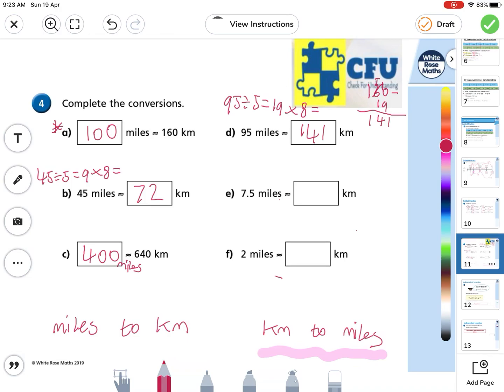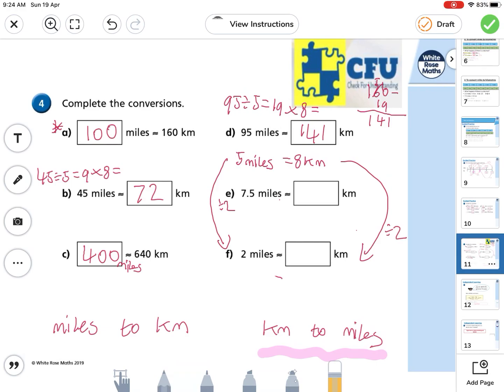Okay, 7.5 miles is how many kilometres? But actually, I'm going to go back to the first one we learned today. 5 miles is 8 kilometres. And actually, I'm going to skip to F, because I know that this is a bit like dividing by 2. So for half the miles, oh no, it's not, because it's 2 miles, not 2.5 miles. Okay, ignore that bit for now.